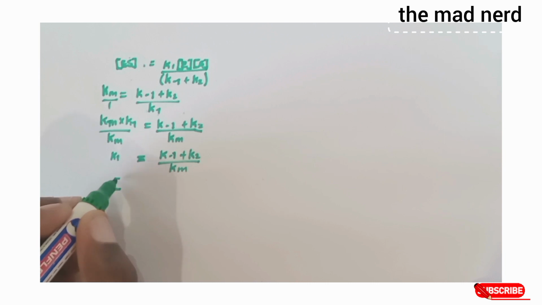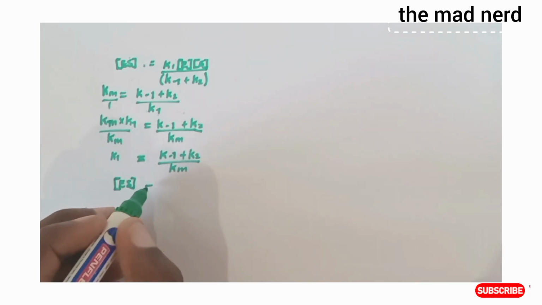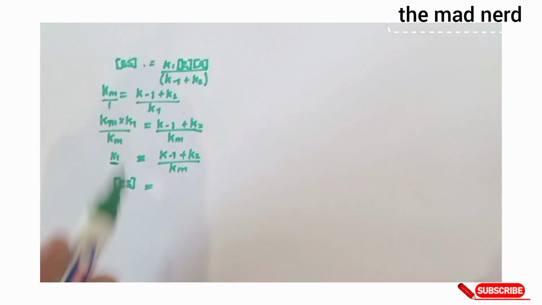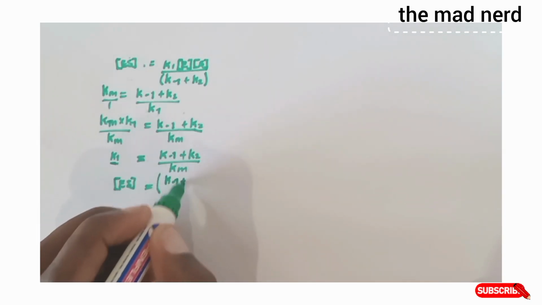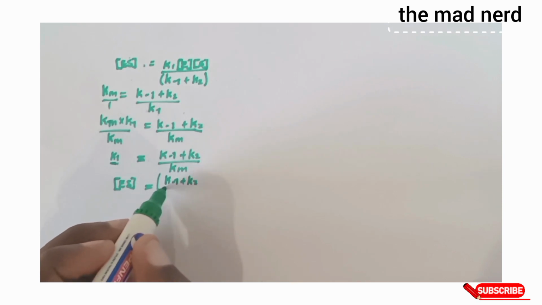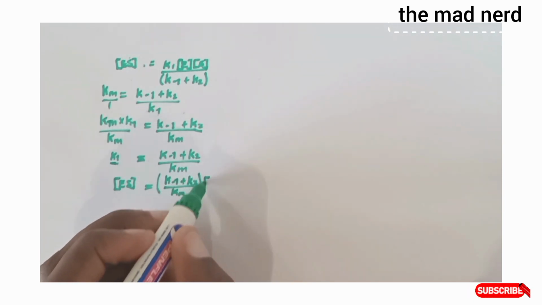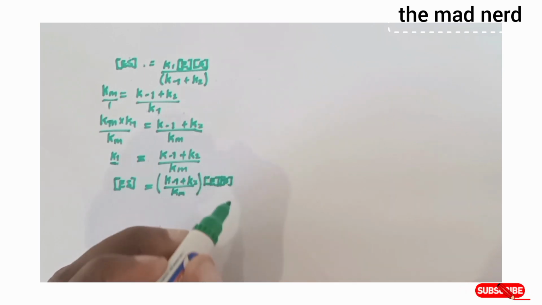And then now what you can just do is to say concentration of ES is equals to, in place of a K of 1 here, since we have a K of 1 there, we can just say a K of -1 plus a K of 2, and then over a Km, and then we multiply it with a concentration of E, and then a concentration of S over here.